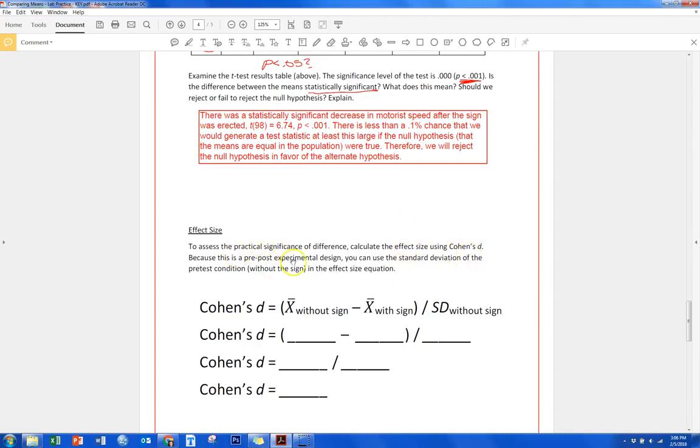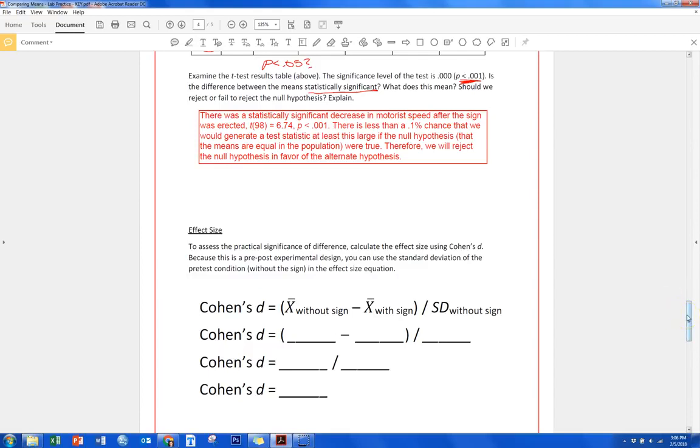Because this is a pre-post experimental design, you can use the standard deviation of the pre-test condition, that is without the sign, in the effect size equation. The effect size is the difference between the two conditions divided by the standard deviation. If the standard deviations are the same, you would know exactly what to use.